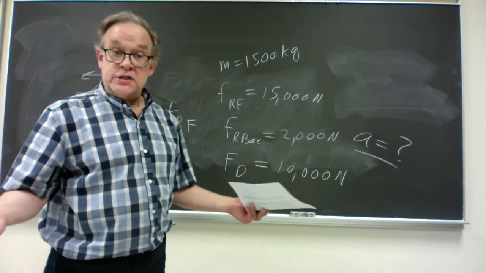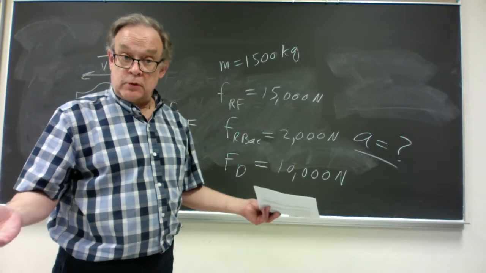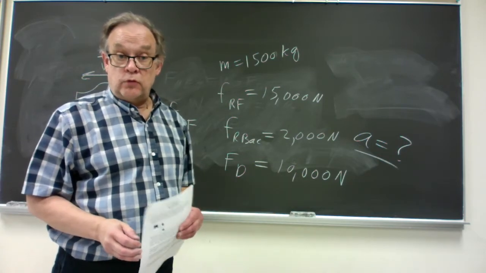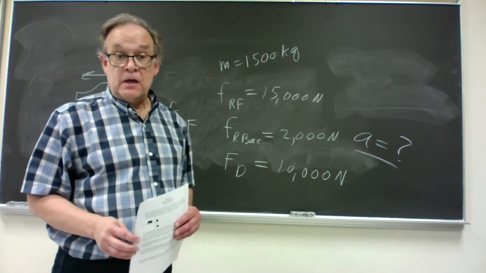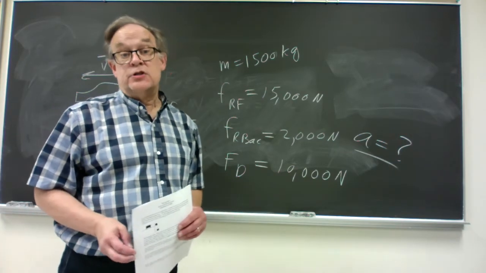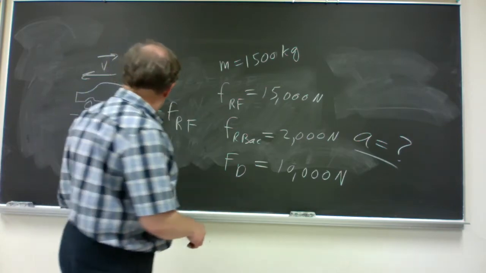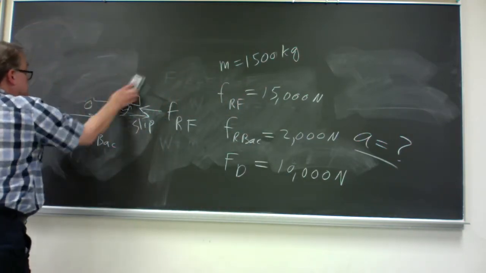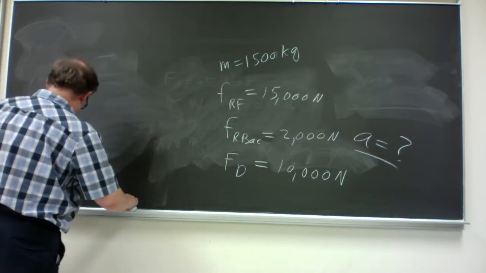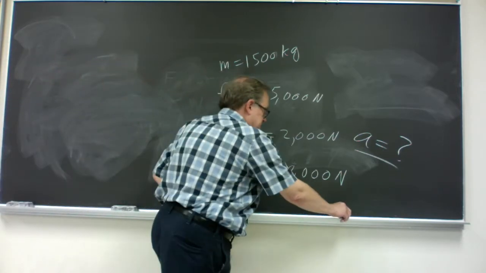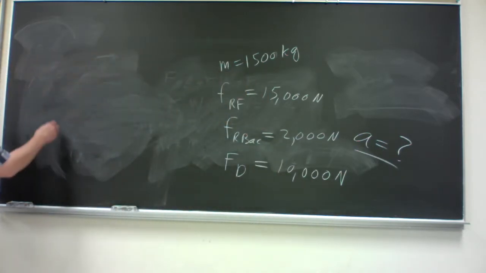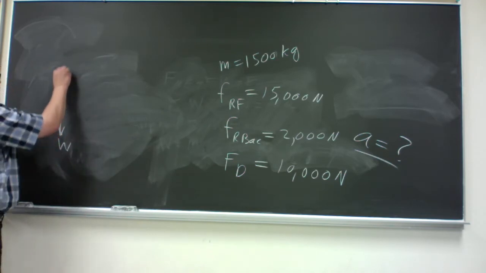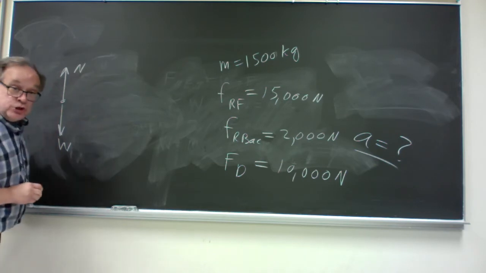We're going to do all the same things that we did in the first problem. First, draw a diagram that shows all the forces, shows the net force, shows the positive and negative directions of our coordinate system. So, in this case, all the forces on the car, there is, of course, weight pulling down and a normal force from the road pushing up.